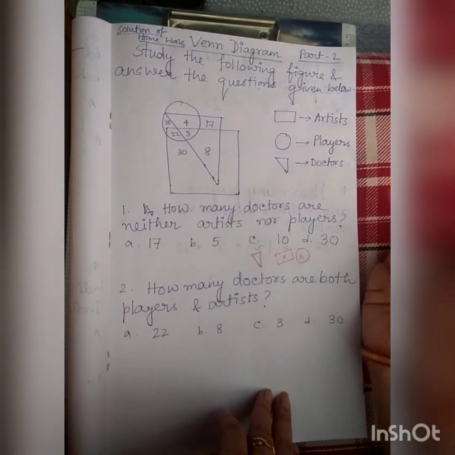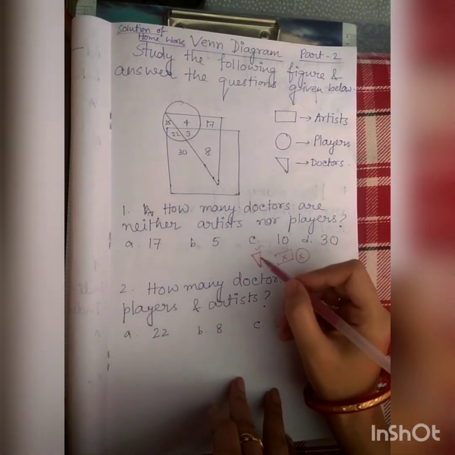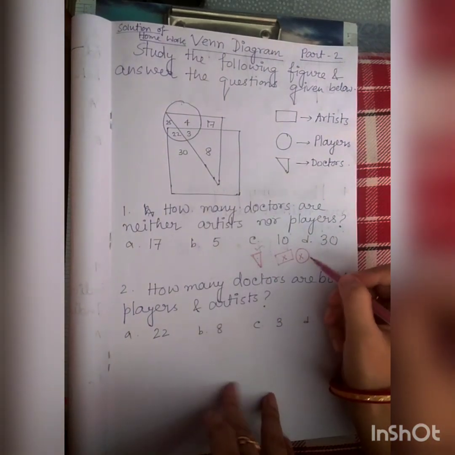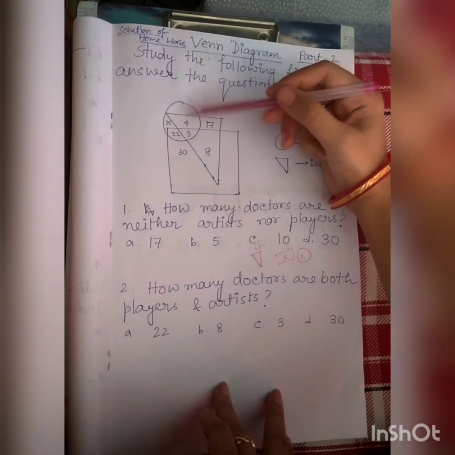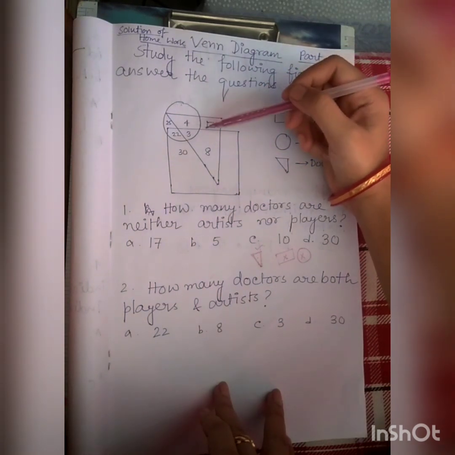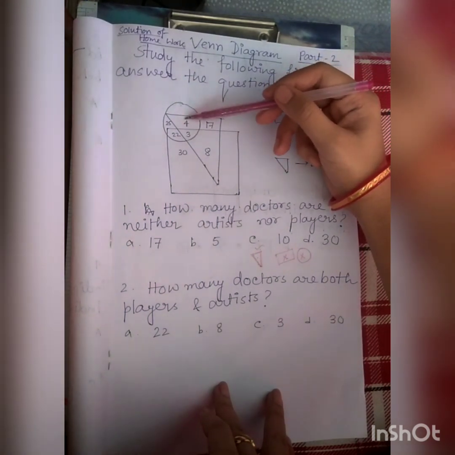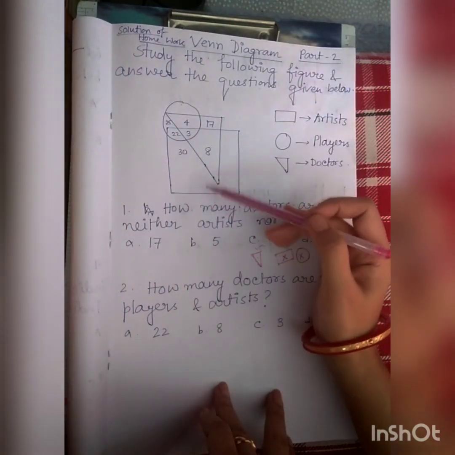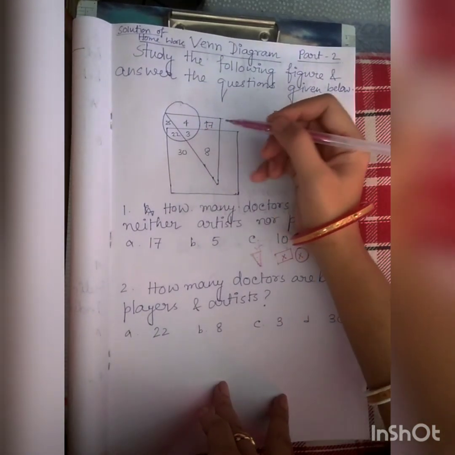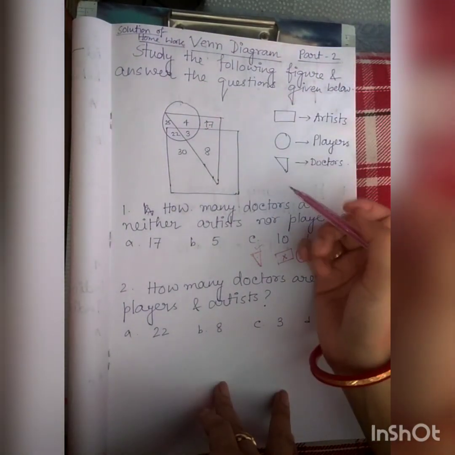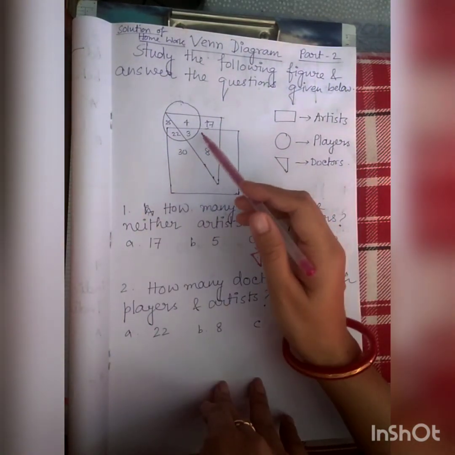Now we have to find the part which is there only in the triangle but not in the square and the circle. So we will just leave all the places which are intersecting with this triangle by the circle and the square. So all the intersecting portions of triangle and circle are removed. All the intersecting portion of triangle and square is also removed. So here is the only number 17, you can see this, which is representing only the doctors but not the artists as well as the players.